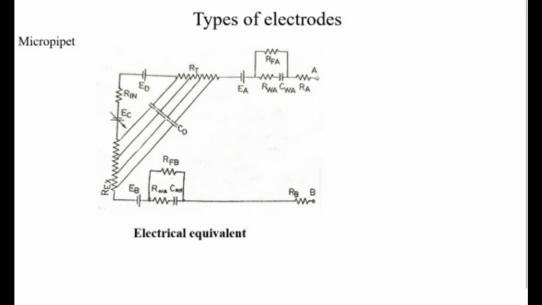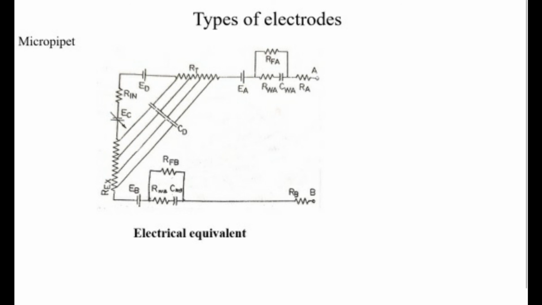RA denotes the resistance of the connecting wire. RFA, RWA and CWA constitute the impedance of the electrode electrolyte interface in the stem of the micropipette. RT is the resistance of the electrolyte filling the tip of the micropipette. That is the resistance of the tip, which is very large.